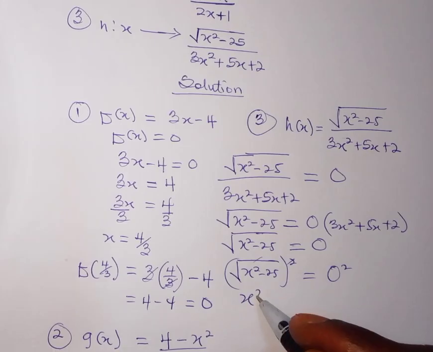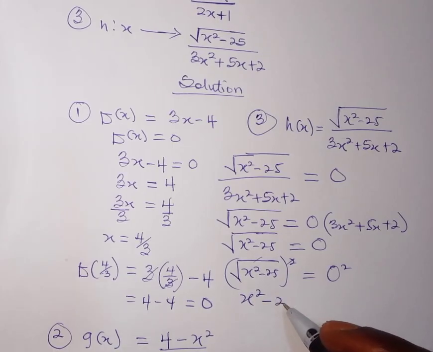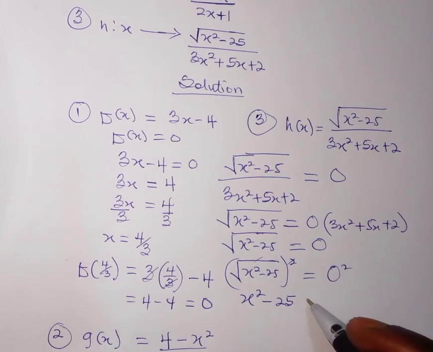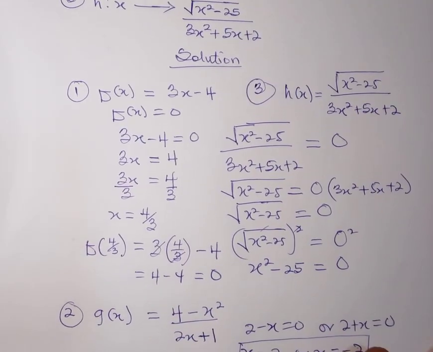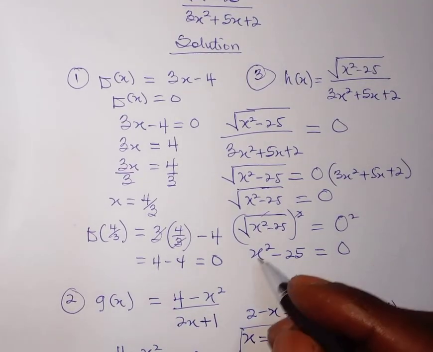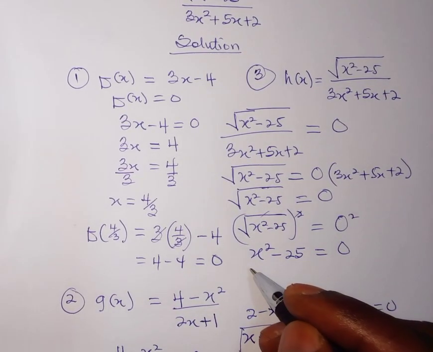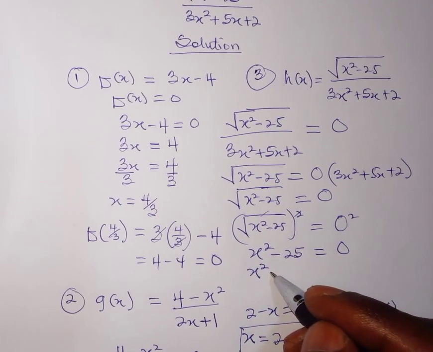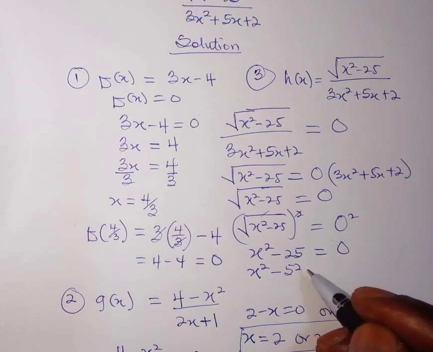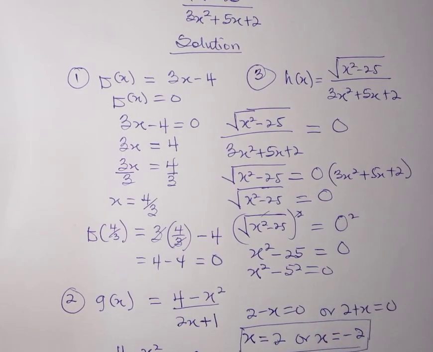Okay, so that this one will go. Then I have x squared minus 25, which is equal to 0. Okay, good. So once I have this, then the difference of two squares will work for me. Then I can write x squared minus 5 squared, which is equal to 0.